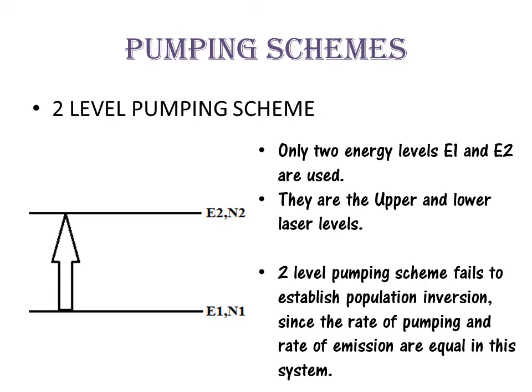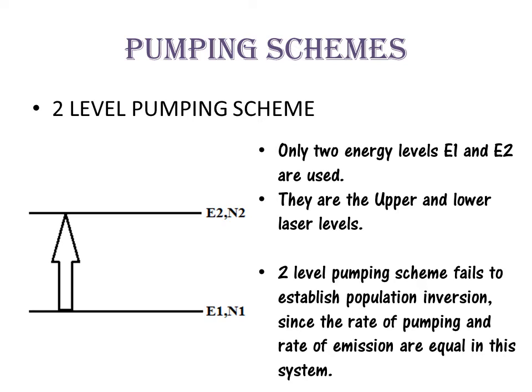It is actually an upward arrow in which the excitation is taking place and the atoms are going from energy level E1 to energy level E2. So if E1 is the lower laser level and E2 is the upper laser level, then there is a direct excitation and transition of the atoms from E1 to E2, and that should create population inversion. But in this case, it is not possible to have a population inversion if only two levels are involved.